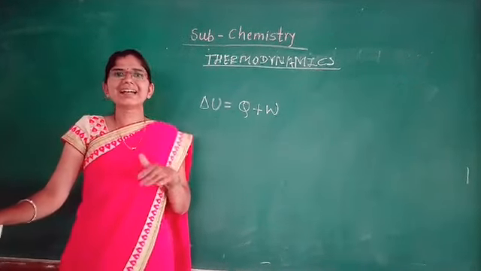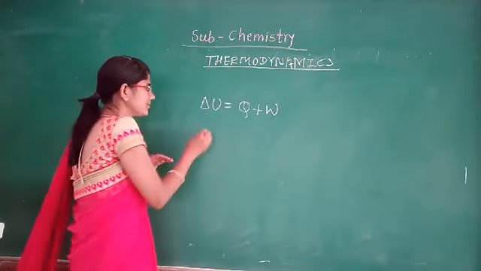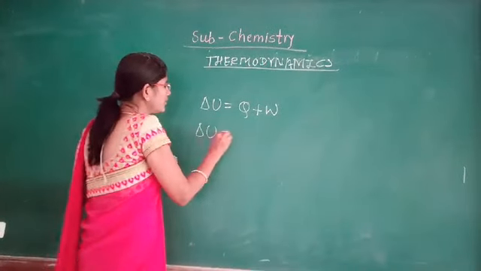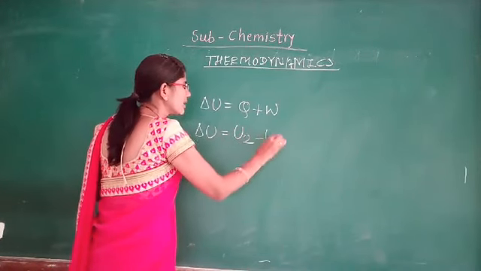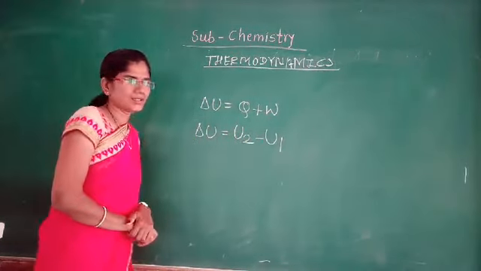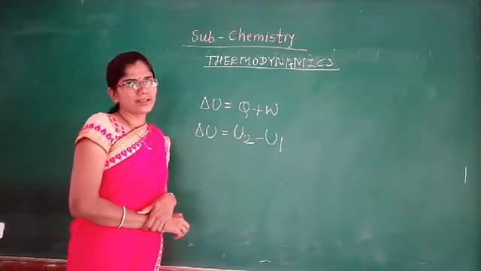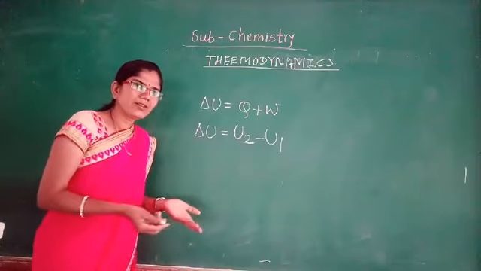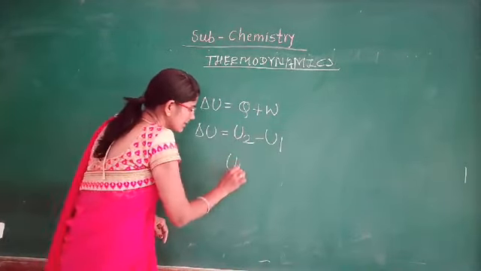That can be expressed by delta U, which is equal to the change in energy, U2 minus U1. Delta U means what? U2 minus U1.